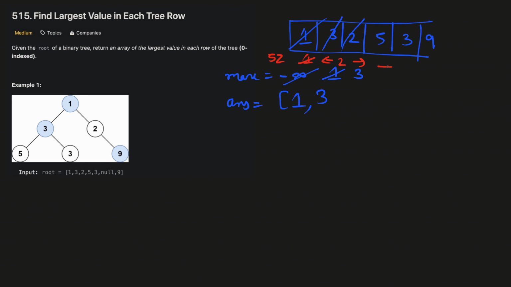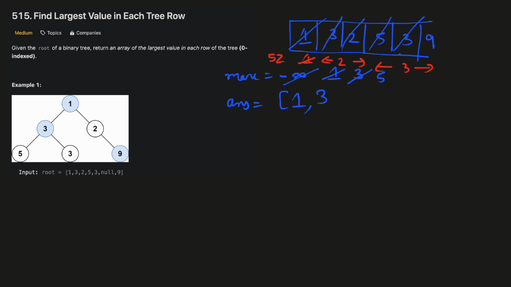Now the queue size is 3. That means we have to process 3 nodes at this level and we reset the maximum value again to negative infinity. Now we dequeue 5 and 5 is more than negative infinity. So maximum value now will be equal to 5. And since 5 doesn't have any children, we don't enqueue anything and dequeue the next node, which is 3. And 3 is less than the current maximum, that is 5. So maximum value stays 5.